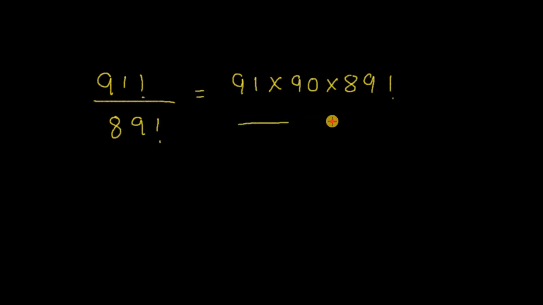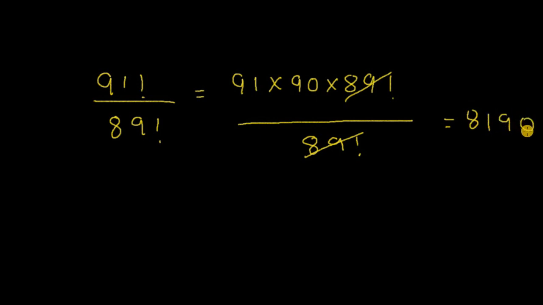So you just keep it that way, and in the denominator we have 89 factorial. These will get cancelled. Now all you have to do is multiply 91 by 90, so it will be 8190. So this is our final answer. You see how easily we can do these calculations once we know this method.